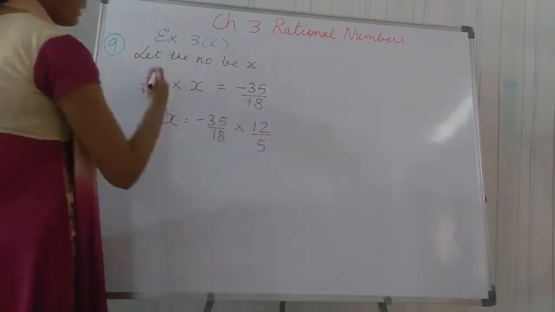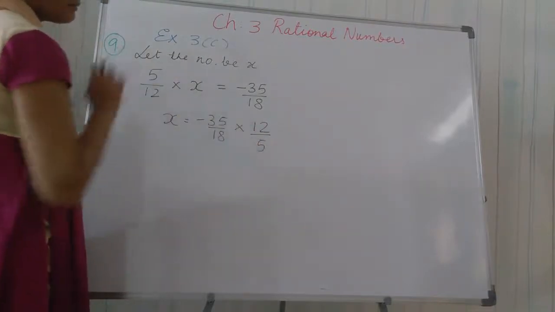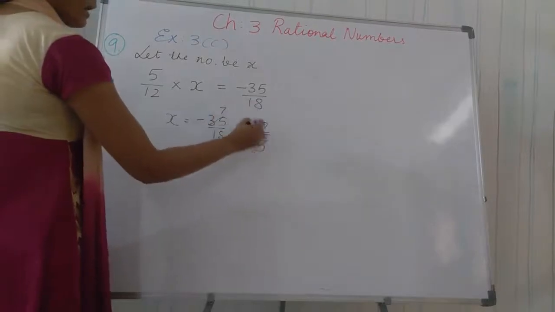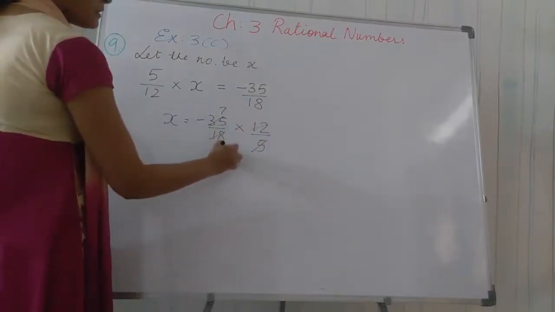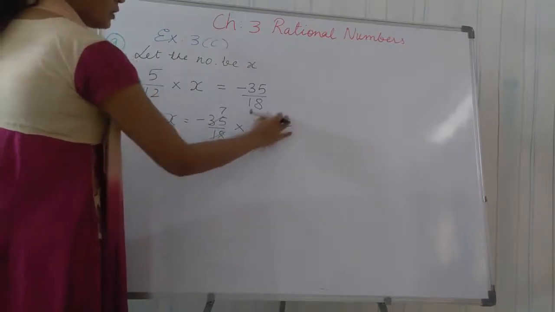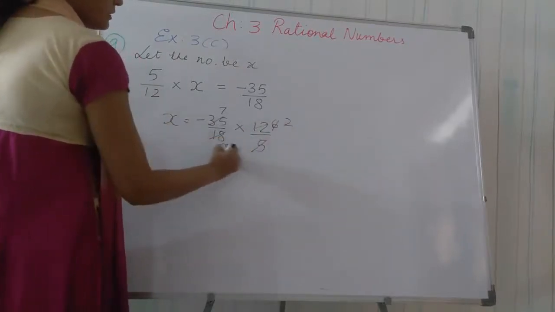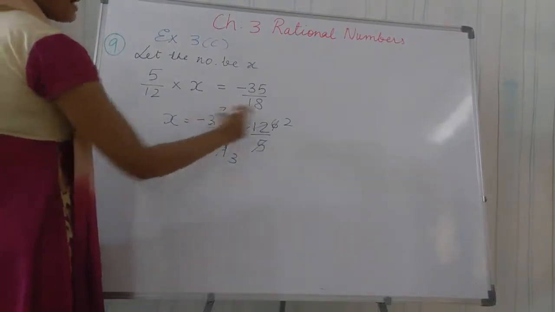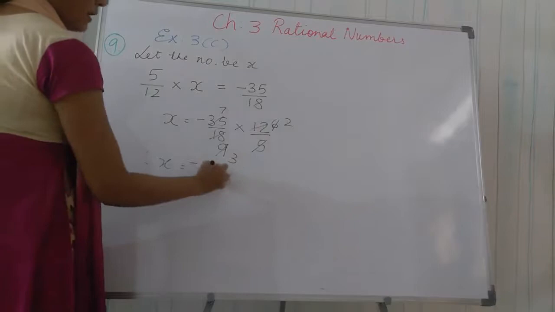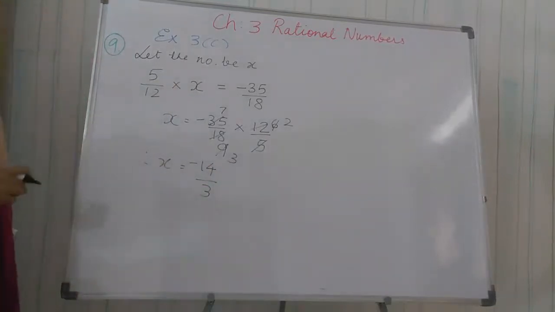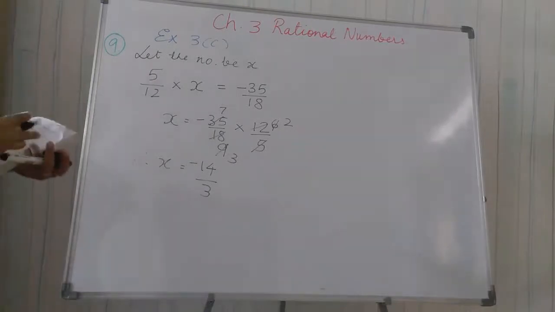So this 5 by 12 becomes 12 by 5. Now we cancel: 5 sevens are 35, 2 nines are 18, 2 sixes are 12, 2 threes are 6, and 3 threes are 9. So the x value I get here is minus 7 twos are, minus 14 by 3. So this is the other number we found as the answer for number 9.